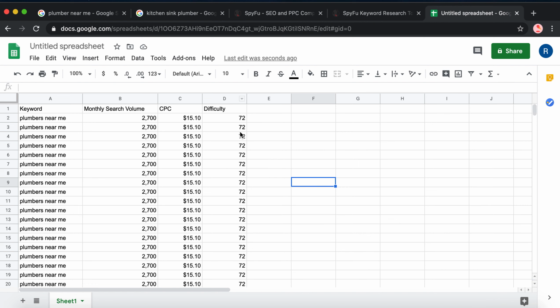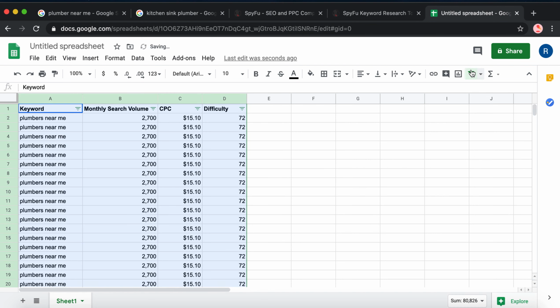You'll know that as this gets closer to 100, it's more difficult, and you'll probably be getting fewer clicks or more expensive clicks, so keep that in mind. Then you can filter these.